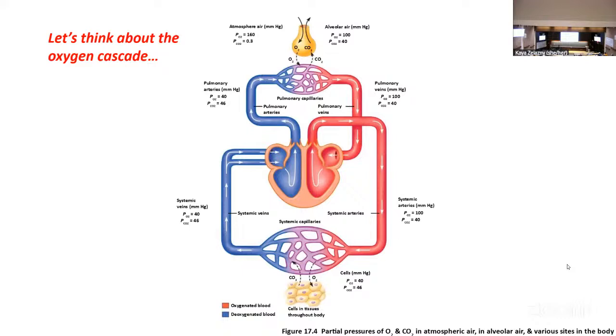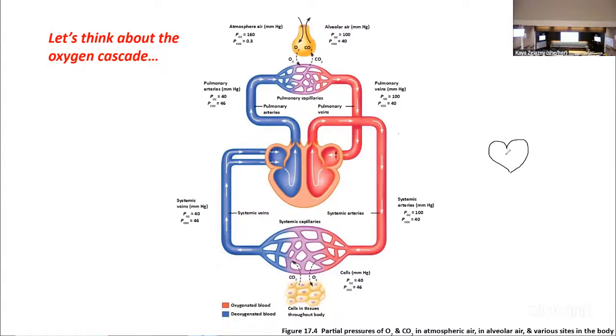So here we have a picture of our oxygen cascade. Okay. So I'm going to ask you to think about it. What I'll do is just point out what's going on with the anatomy in this picture. Then I'll ask you a question to do a little detailed reading here, and we'll come back to it. Okay. But what we're looking at is we've got our heart. We know the right side and the left side do different things.